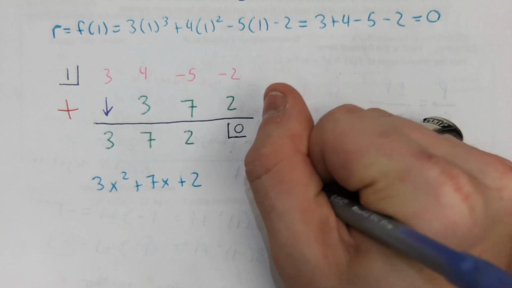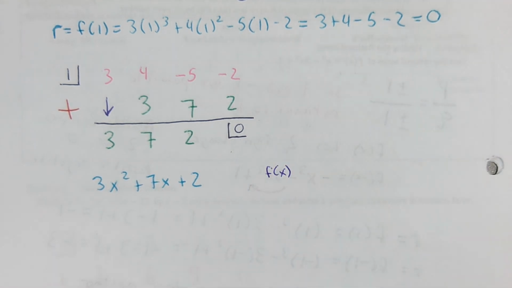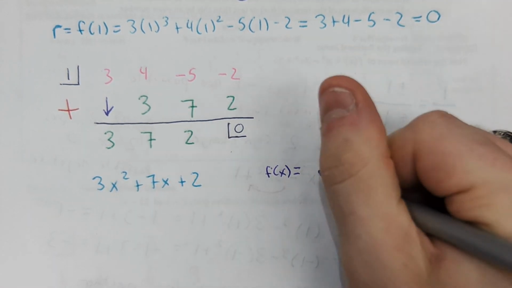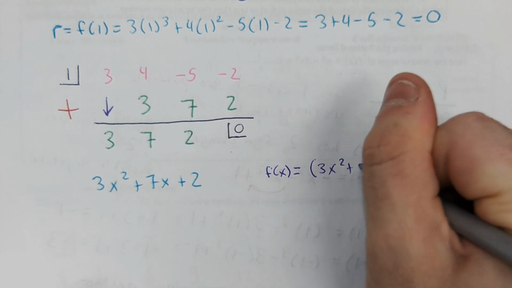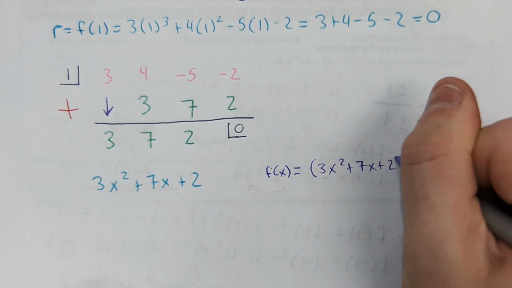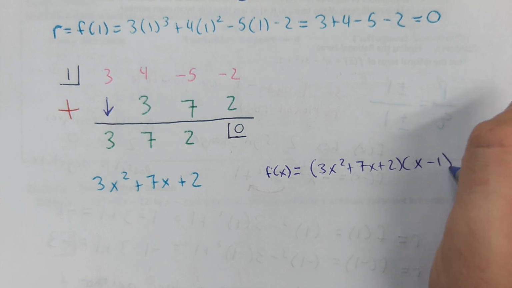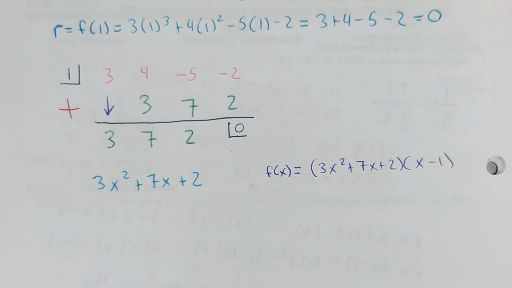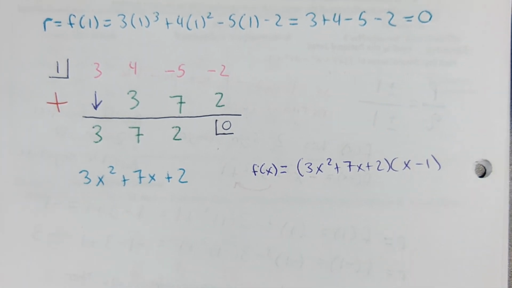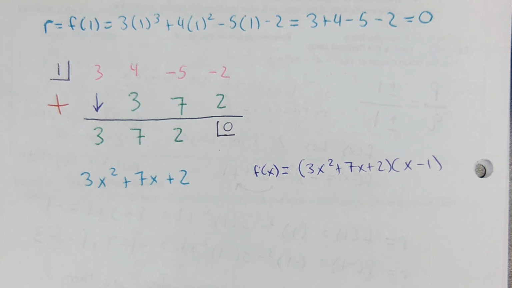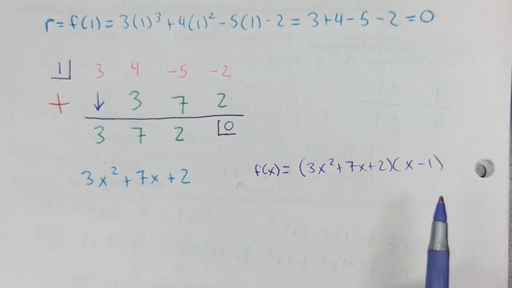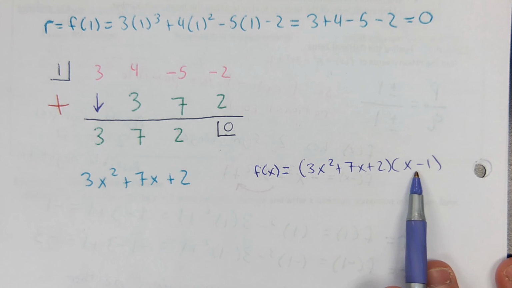Your f of x, which was that cubic at the top, is 3x squared plus 7x plus 2 times x minus 1. That's what we've established so far. One of our solutions is x equals positive 1.